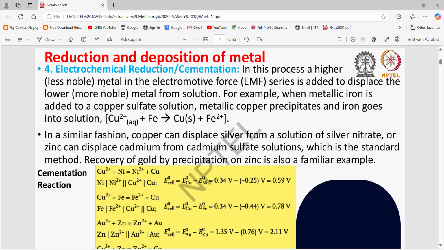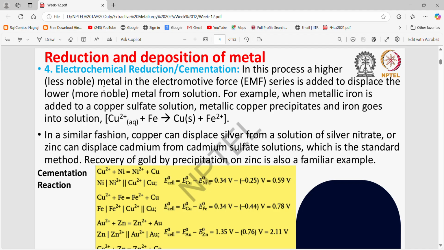So how are we going to decide which metal to be added in the solution so that we can recover the metal already present inside that solution? We can decide with the help of the electromotive force series. The element which is present in a higher position in the EMF series can displace the element which is present in a lower position in the EMF series.